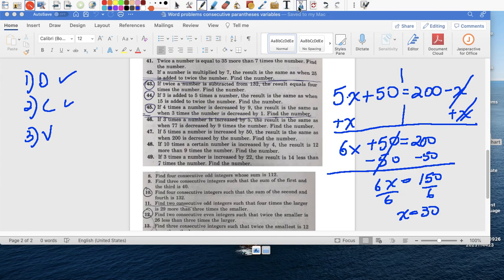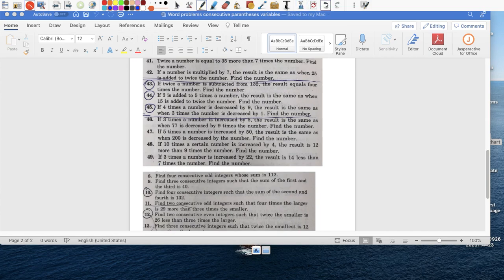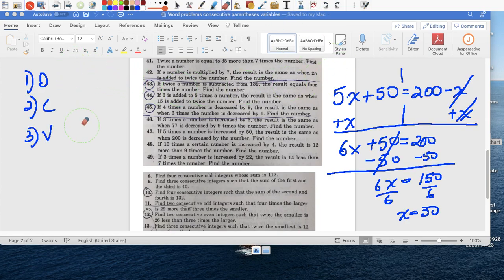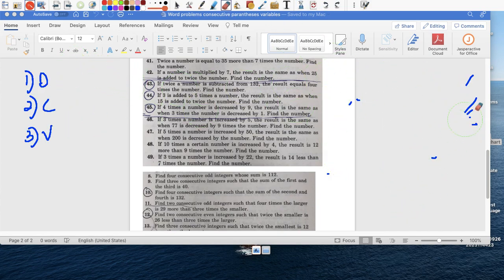Okay. So that's 47. Oops. Erase everything. So let's go to check marks. 48. If 10 times, which is multiply, a certain number, which I don't know, so let's call it x, a, b, call it whatever variable you want.